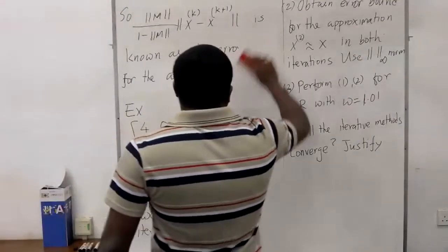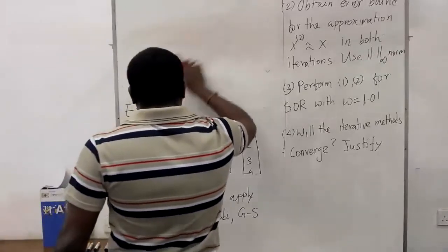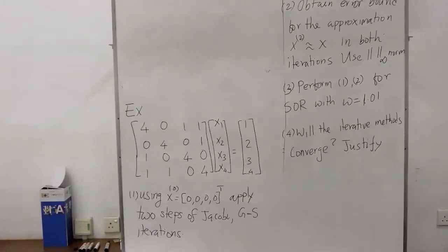Whenever you have a system of linear equations and you want to solve it by an iterative method, you first have to split the matrix A into I minus L minus U. In order to do that, you have to divide everything by 4.